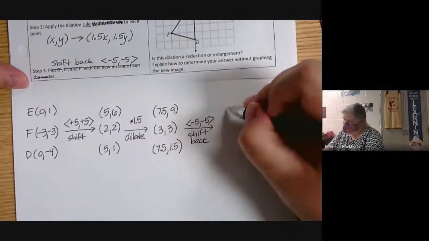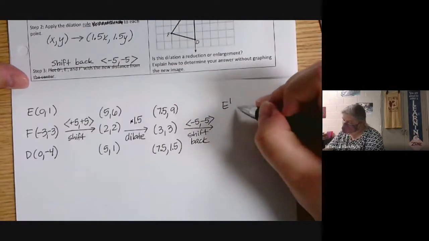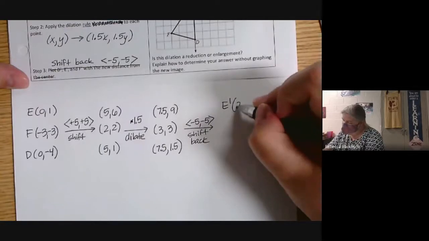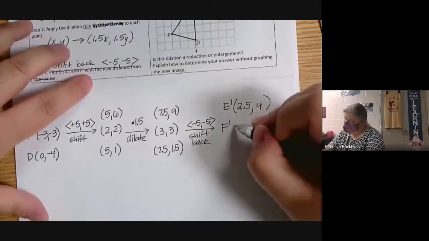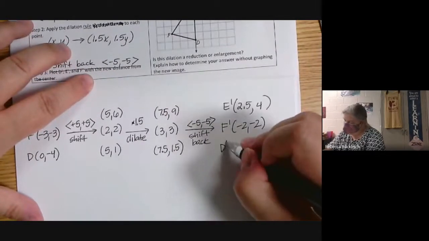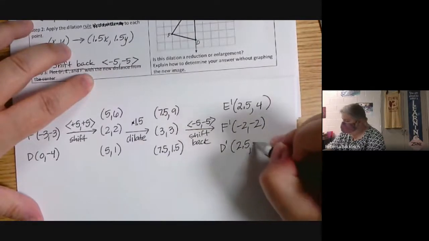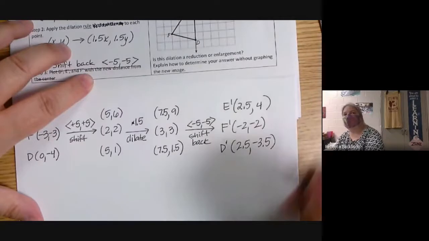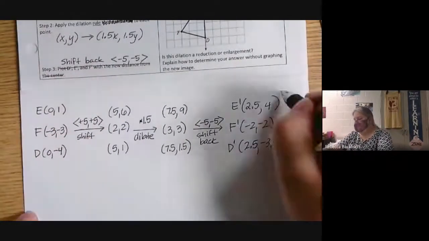And now I've got E prime is 2.5, 4. F prime is -2, -2. And D prime is 2.5, -3.5. And that's my answer.